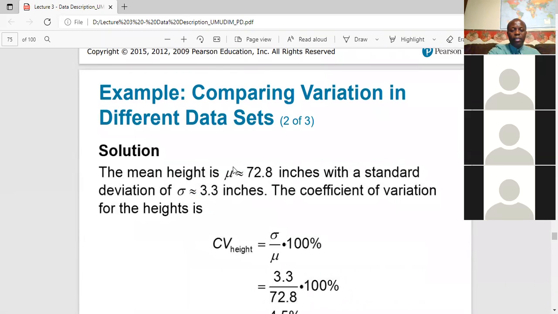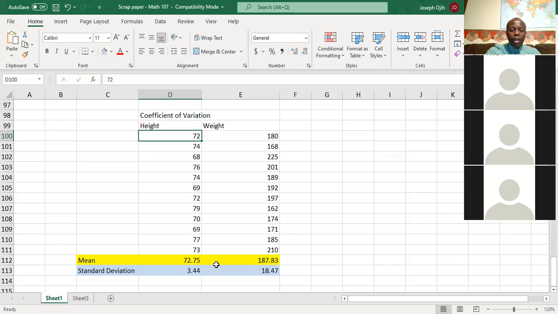72.8 for height. Sir? Yes, ma'am. Sorry to cut you short. When I tried to use Excel to do one of the calculations, I put my cursor there and dragged it.